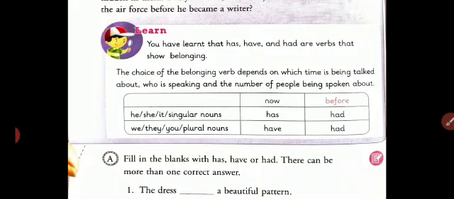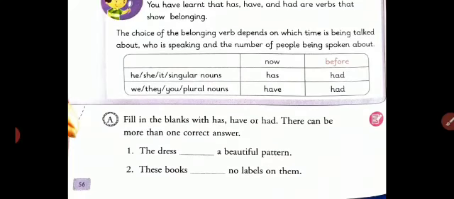As we have learned in the previous chapter also, now and before. Has and have we will use for the present tense, in a singular way, singular noun, and before, that is for the past, that is had. So he, she, it is a singular noun and we, they, you are plural nouns. So let's begin with the exercise and we'll understand more.